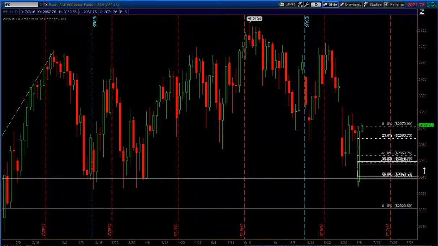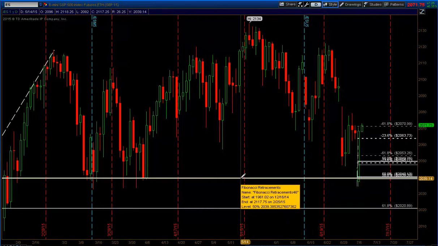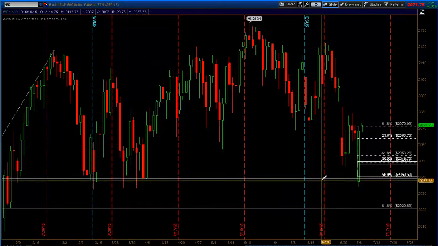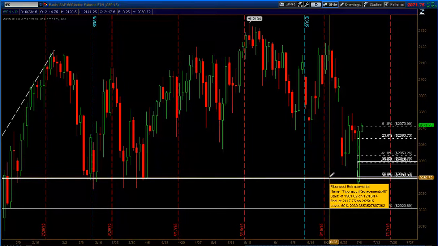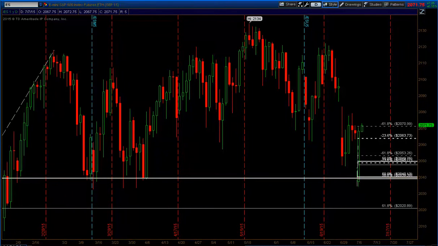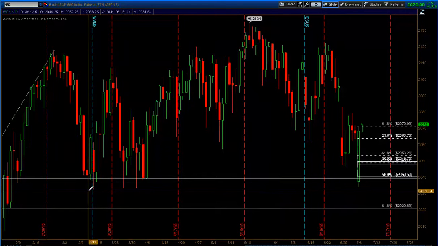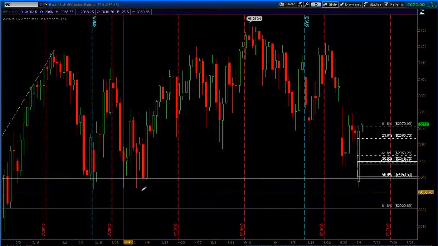Obviously, in the last video, we talked about some different scenarios coming down to this 2040-ish level, and we have broken the trend. We've retested this 2040 level, and now it's going to be a waiting game to see if we come down and break these swing lows.